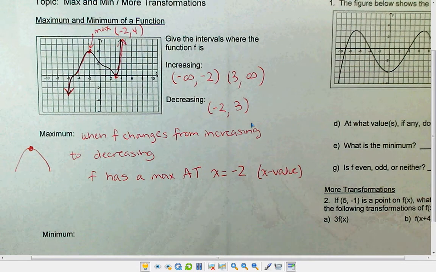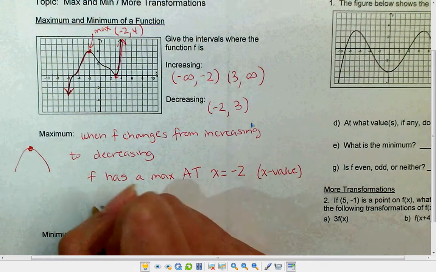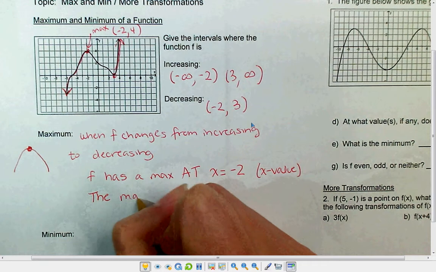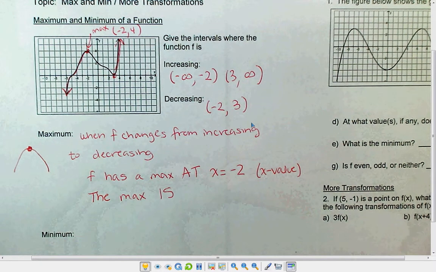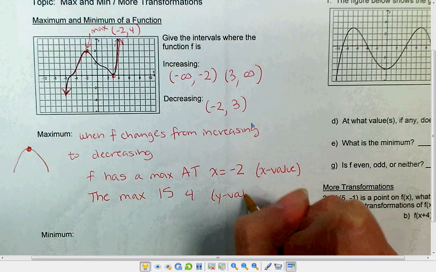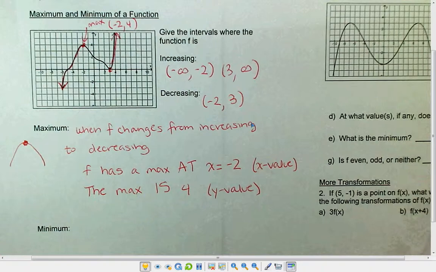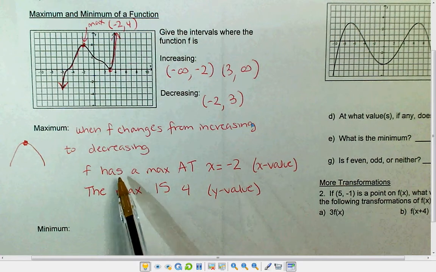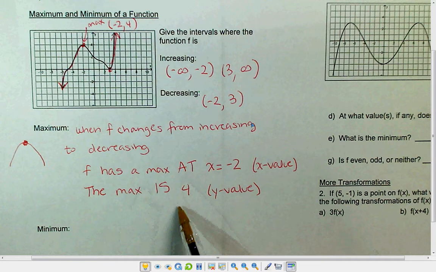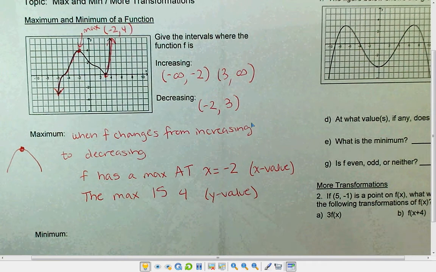That's when you're asking for your x value. Whereas if they're asking you what it is, the maximum is 4, which is your y value. So two different things you could ask for, either your x or your y. So in this case, f has a max at x equals -2, that's your x value. The max is 4, that's your y value.